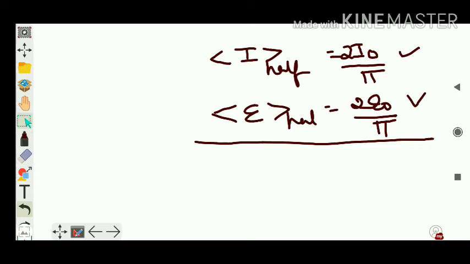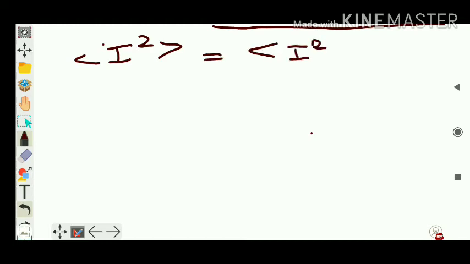Now, after calculating this value, we are moving to the next section. Suppose someone asks you to find the average of the square of this sine wave, that is, the average of I naught square sine square omega t.